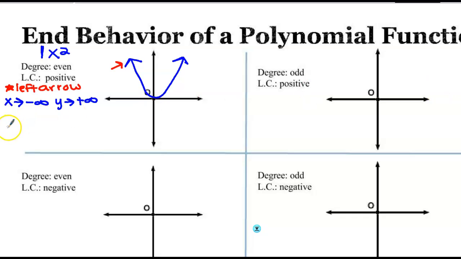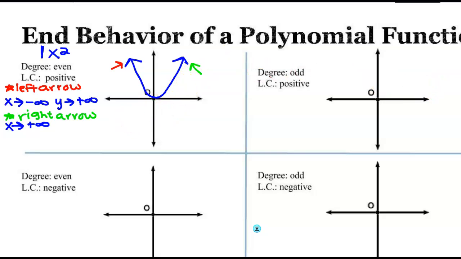Additionally, I would look at as x approaches positive infinity. Positive infinity would be referring to my right arrow. Looking at this arrow over here. What's actually happening to the arrow?